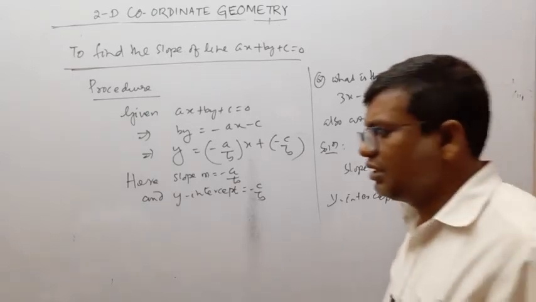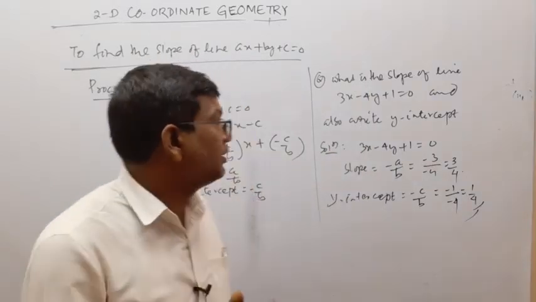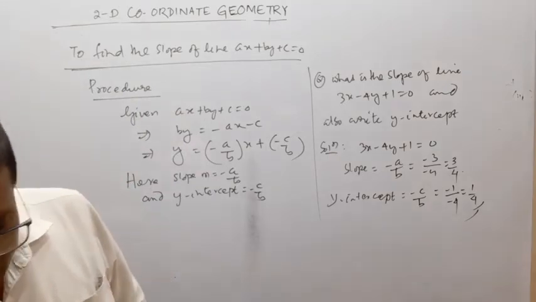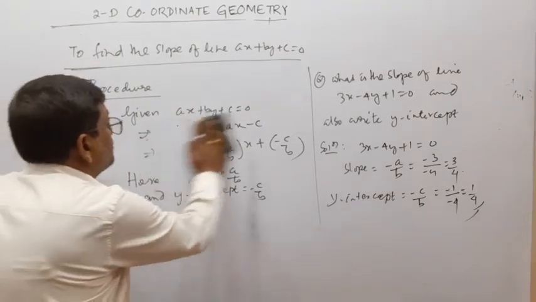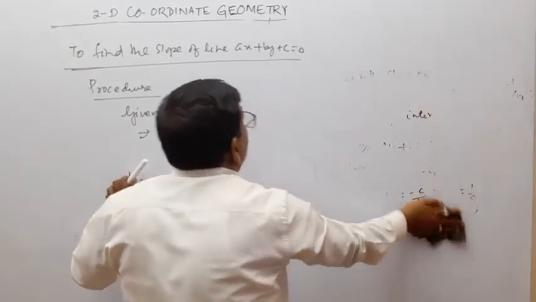Now conversion of the general form to intercept form, general form to slope point form, etc. Now conversion, that is transformation, of the equation of a line from general form to slope intercept form.